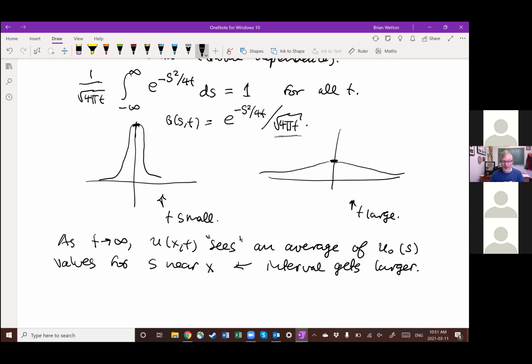I mean, it's never an interval, right? Because this function is non-zero at every value of s. But it's exponentially small once you get far away, and the width of that exponential decay gets bigger and bigger. So you're averaging over more and more space.